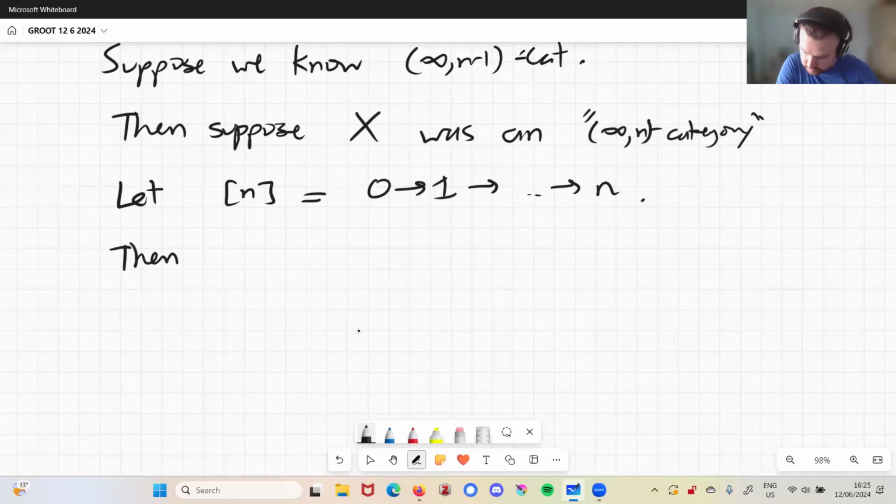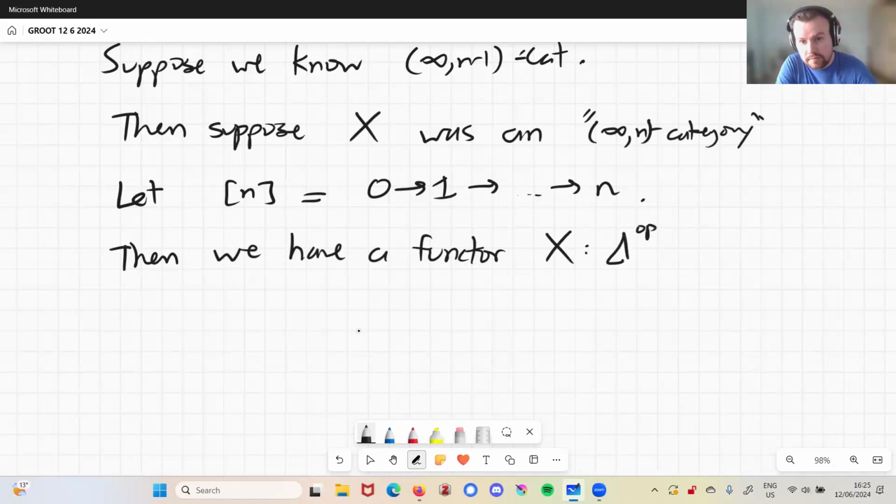Then we're going to extract a functor, which we'll also call X, from delta op to infinity n minus 1 cat.